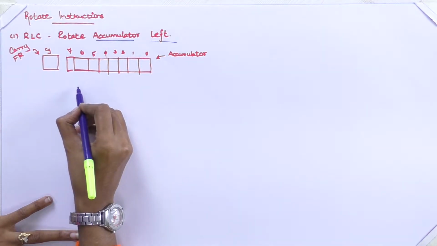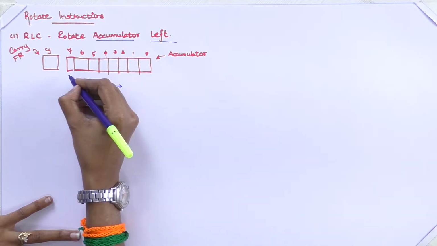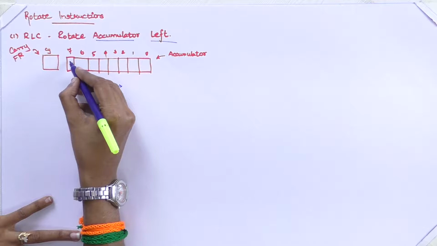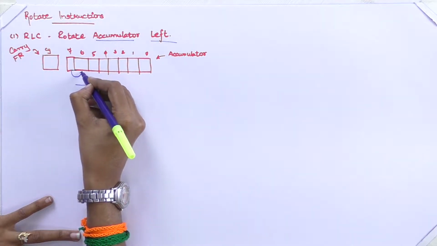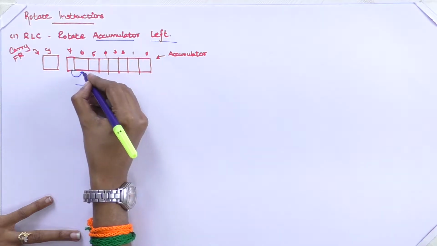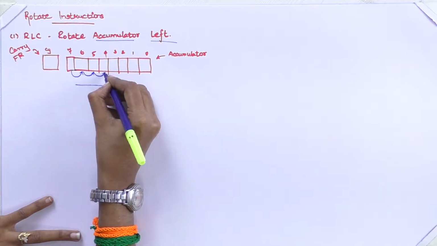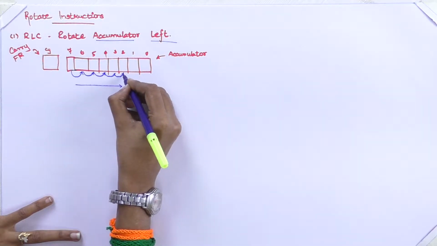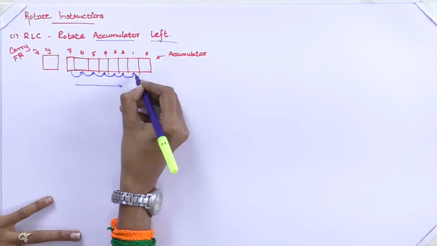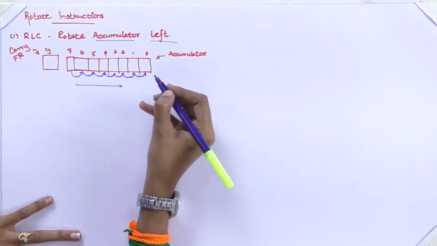So the value in 7th bit is shifted to 6th bit, this will be shifted to 5th, and 5th to 4, 4 to 3, 3 to 2, 2 to 1, and 1 to 0.